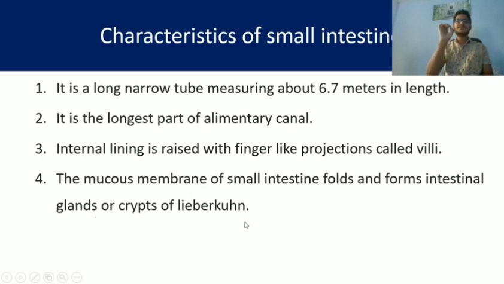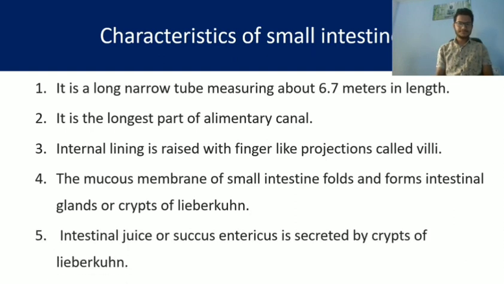We need to know here the intestinal glands, the glands present in the intestine due to the folding of the mucous membrane of the small intestine. And these intestinal glands are known as crypts of Lieberkühn. So crypts of Lieberkühn is the other name for the intestinal glands.